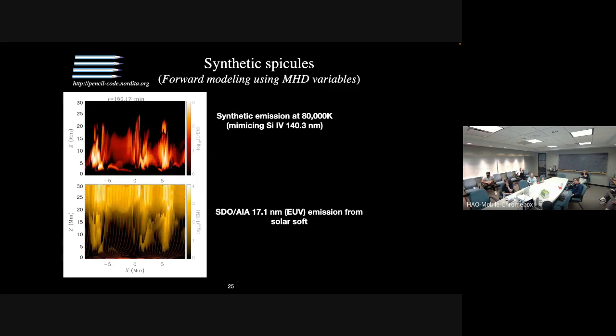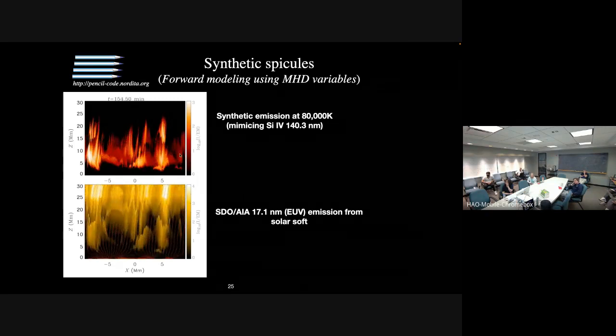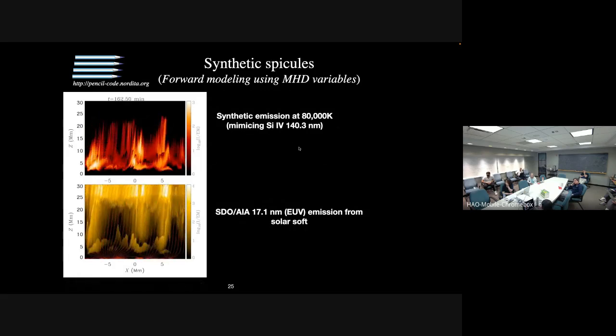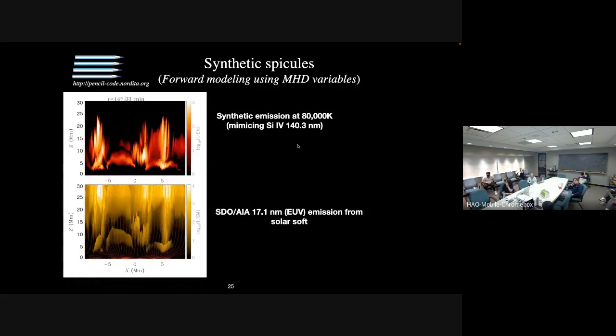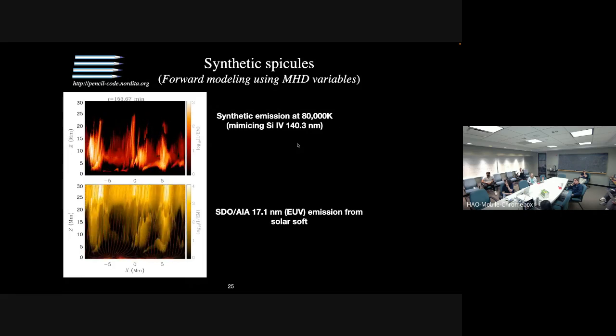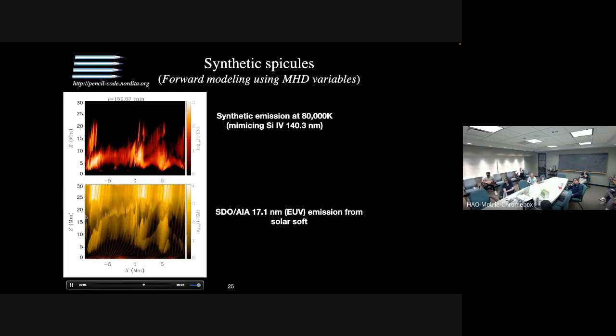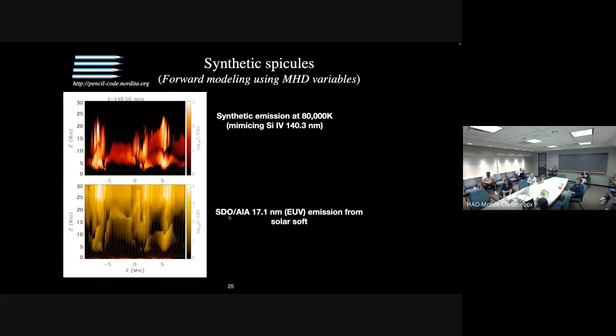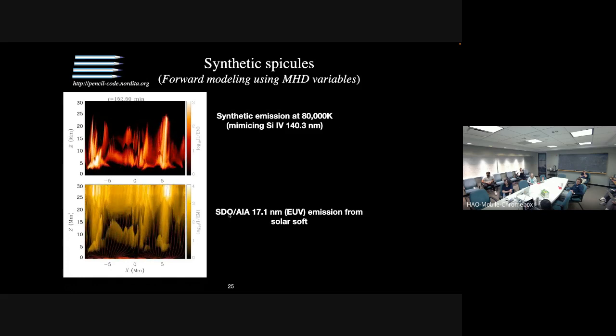So this is basically the movie of that. This is a synthetic emission at 80,000 Kelvin, which mimics the silicon 4 emission of the IRIS spacecraft. And the one at the bottom is the SDO AIA 171 angstrom UV emission.